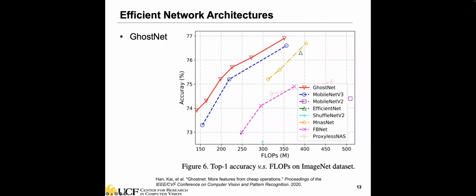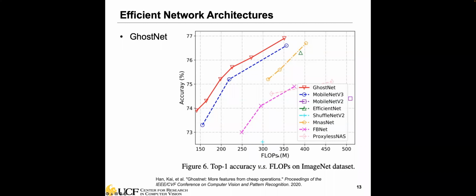And this figure shows a comparison of GhostNet with the previous efficient network architectures. They have ShuffleNet v2, MobileNet v2, and v3. And the red line is GhostNet. Here on the horizontal axis is the floating point operations, in the millions.